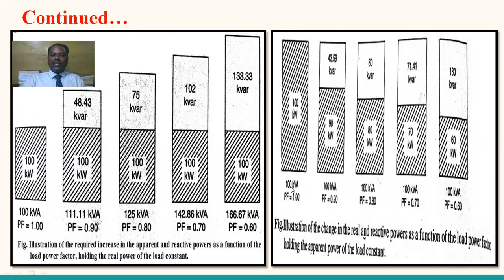The apparent power in kVA is kept constant while the power factor changes in steps from 1 to 0.9, 0.9 to 0.8, 0.8 to 0.7, and 0.7 to 0.6. Then what is the real power? At unity, the real power and apparent power are both the same. The power factor is reduced from 1 to 0.9 by keeping the apparent power constant.